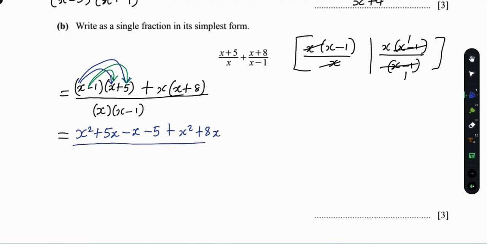Now all this is divided by x minus 1. The numerator is what we're focusing on, and at the bottom we have x minus 1.